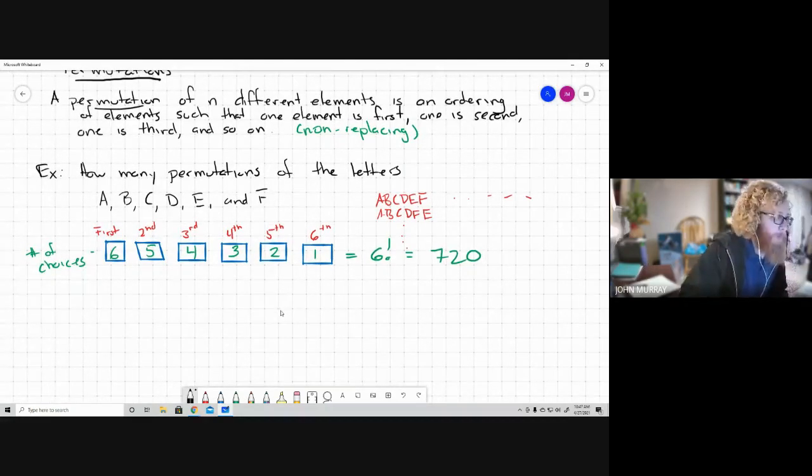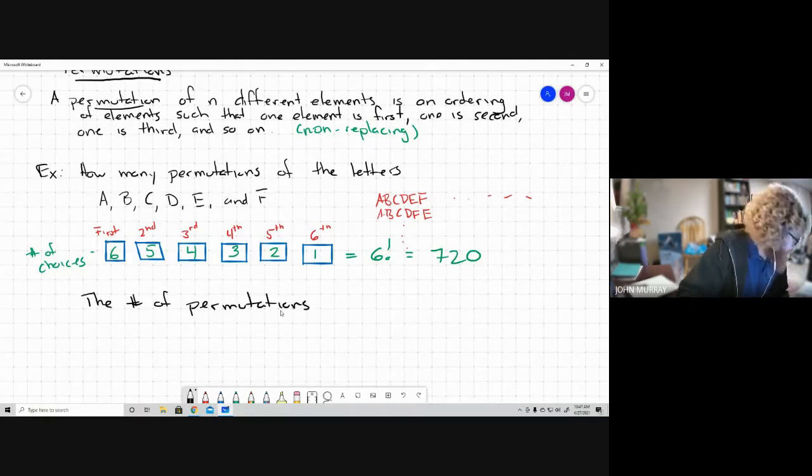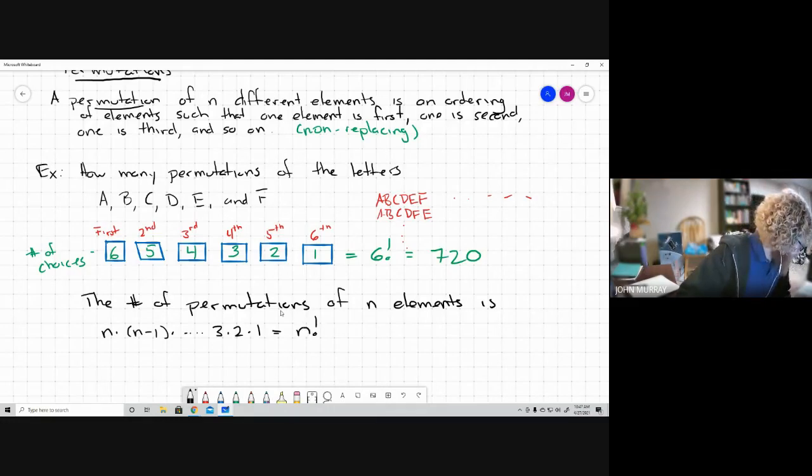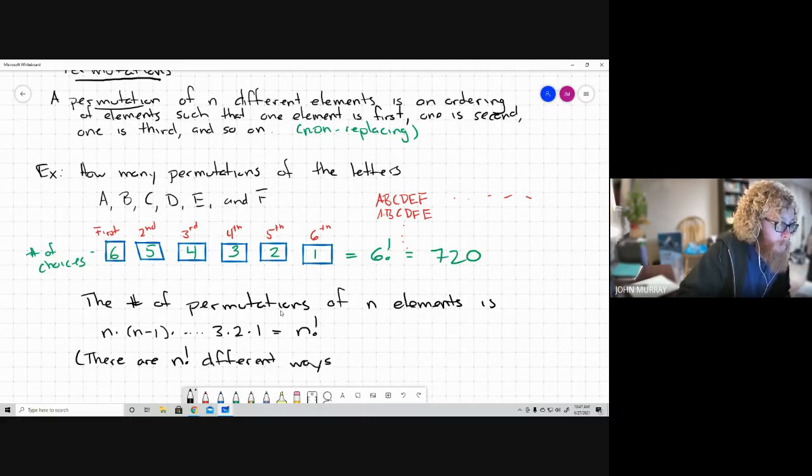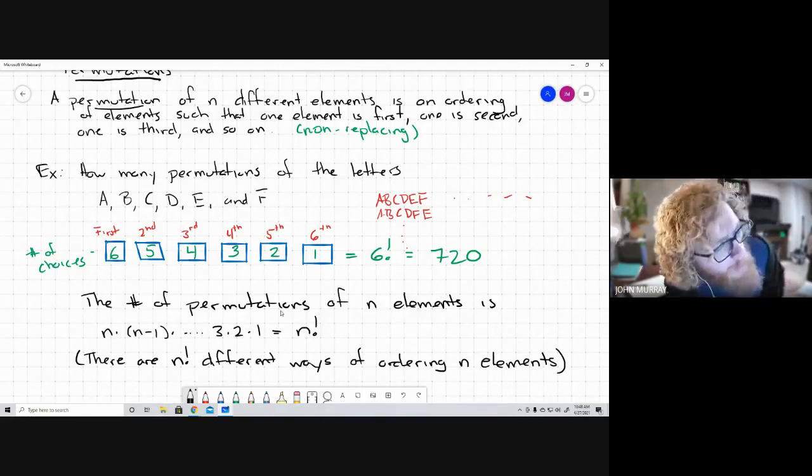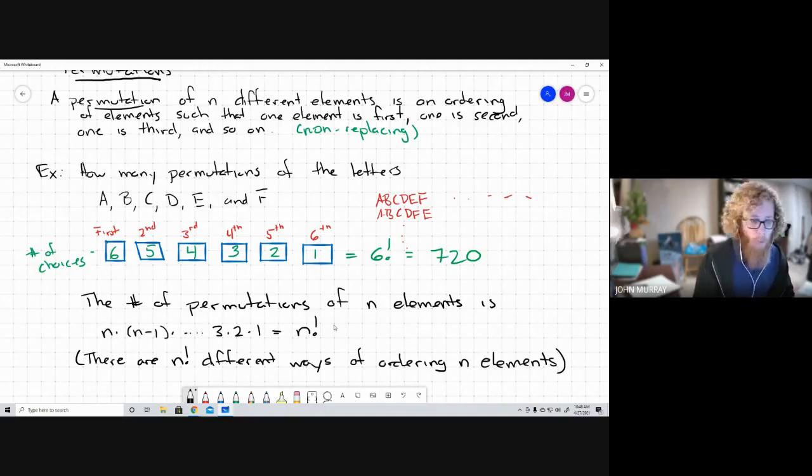Okay, as long as we're doing basic permutations, the general rule is the number of permutations of n elements is n factorial.